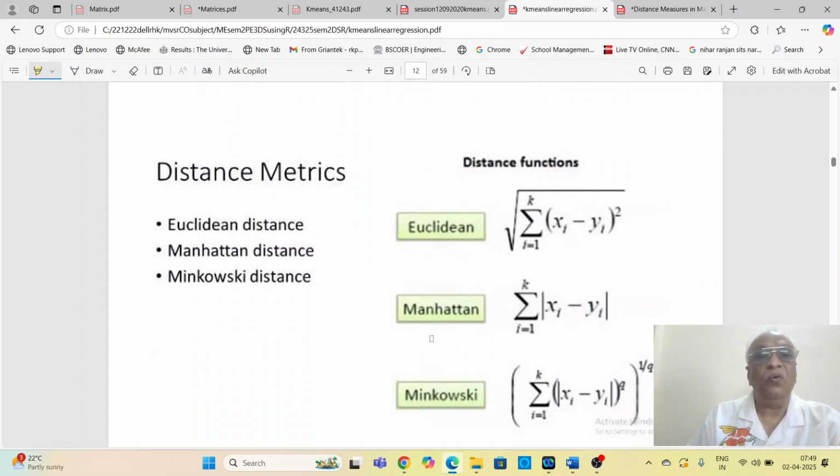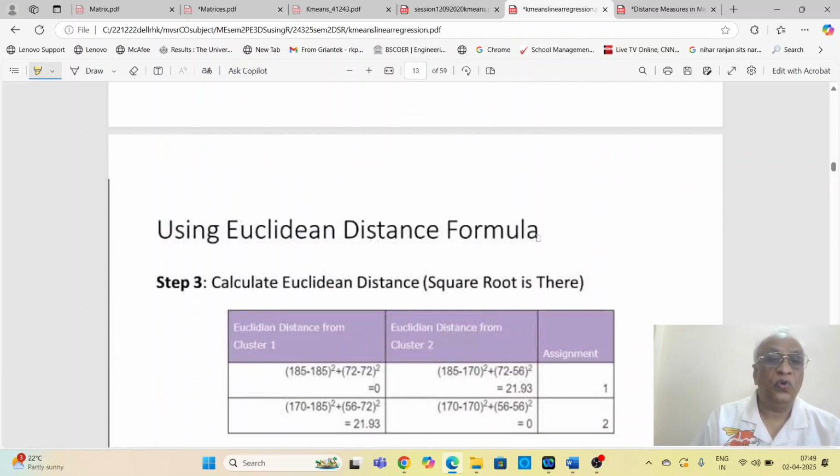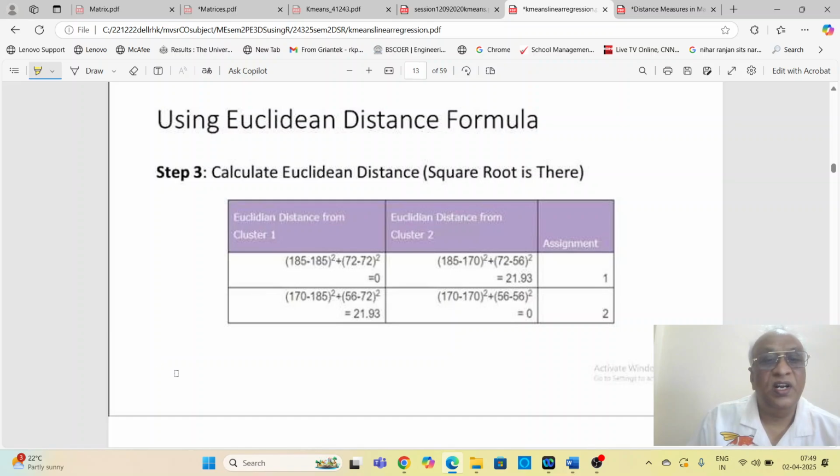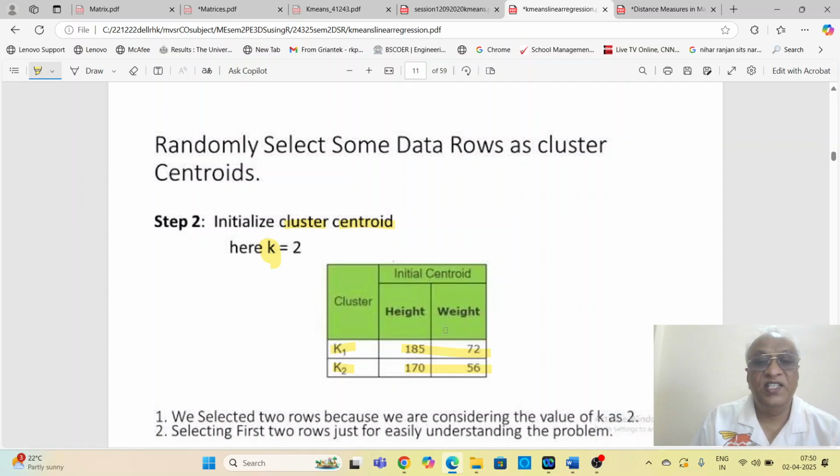Now we know there are many distance measures, but our focus is on Euclidean distance. This is the formula for Euclidean distance: the square root of the summation from 1 to k of (xi minus yi) squared. Now I know K1 is 185 and 72, K2 is 170 and 56.